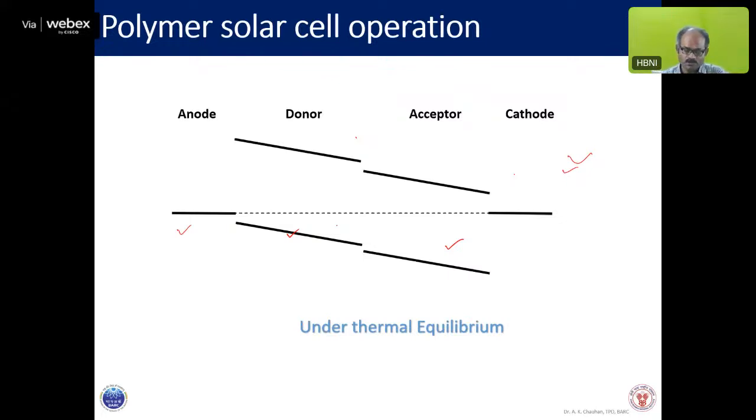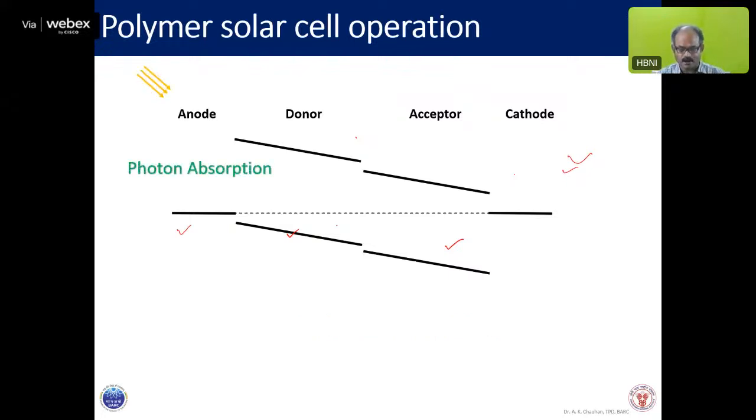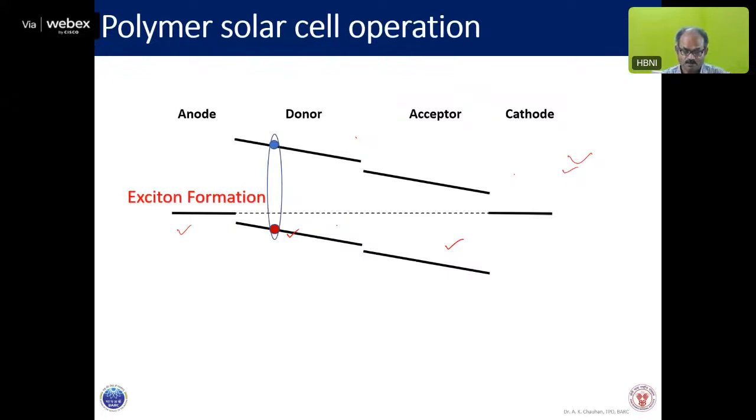And there is one more thing to keep in mind: when photons fall and a lot of electrons and holes are generated, in that case also this Fermi level will change. So this diagram is just to explain the process so that you can get an idea. Now a photon falls and an electron and hole pair is generated, but these are bound.